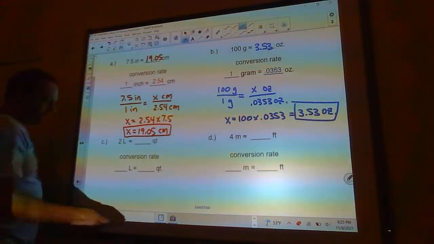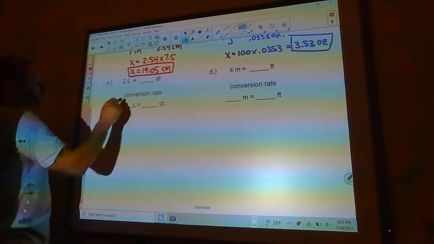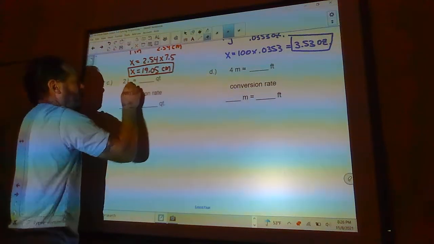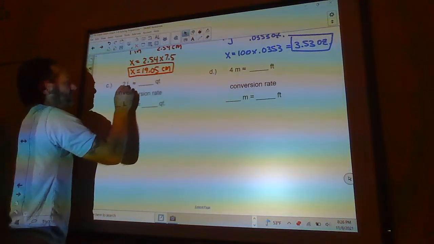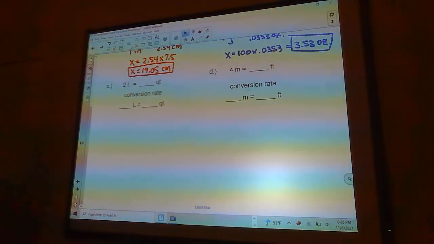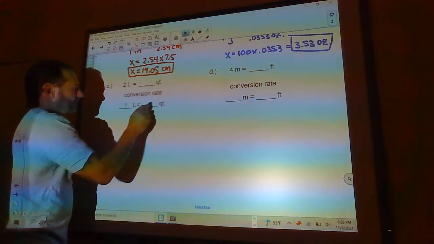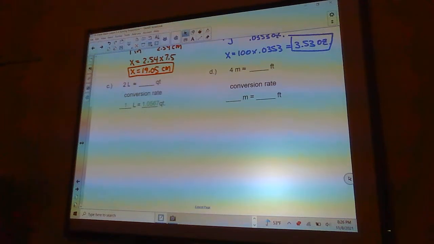Okay. Let's give this a little bit more room here. So 2 liters is how many quarts? Well, I look up that 1 liter is 1.0567 quarts.